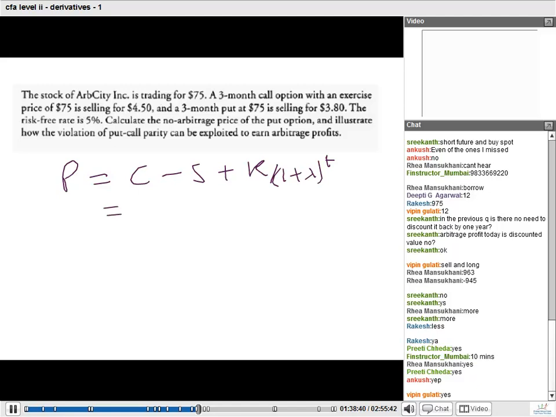So what is the price of a call option equal to? 4.5 minus what is the spot price equal to? 75. What is the strike price equal to? It is the same as 75 upon 1 plus R, the rate of interest is 5%, raised to the power T. The time to maturity is 3.